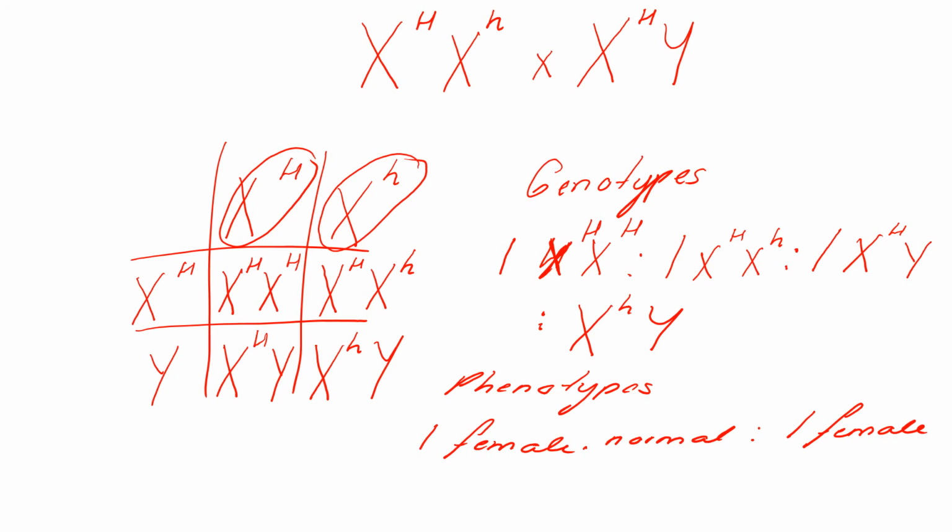However, if I look here, she has a lowercase h. She's going to be a carrier. So she's going to pass that gene on, or she could pass that gene on. I have up here one male who is normal. And down the bottom here, I can also have one male with haemophilia.